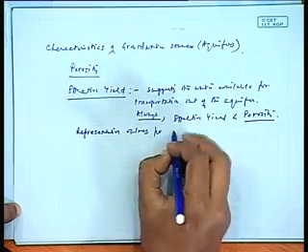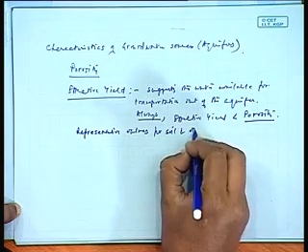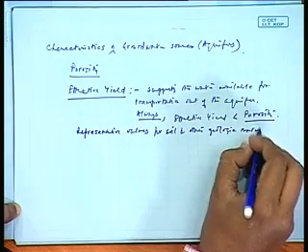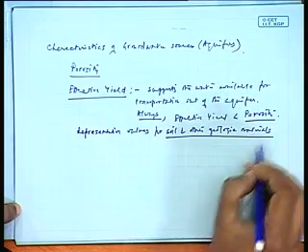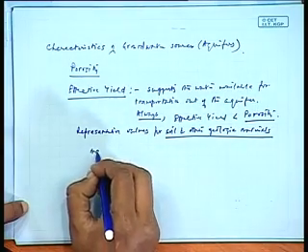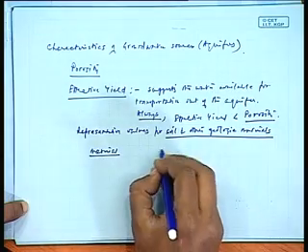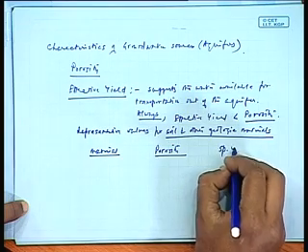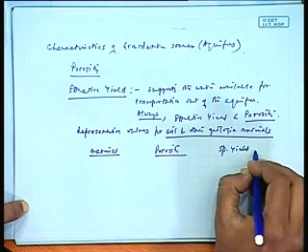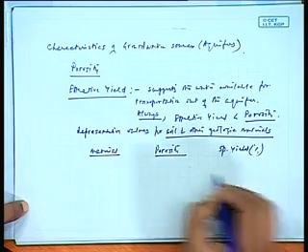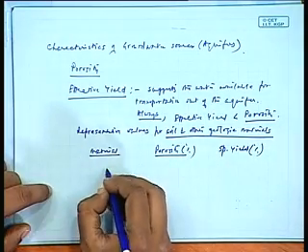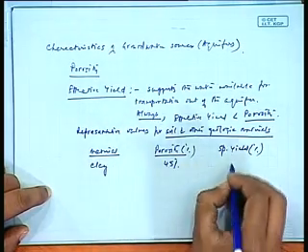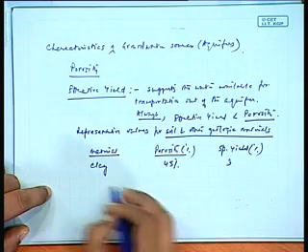Representative values for soil and other geologic or natural materials: the material, its porosity, and its specific yield in percent. Clay has high porosity, but the specific yield is very low.